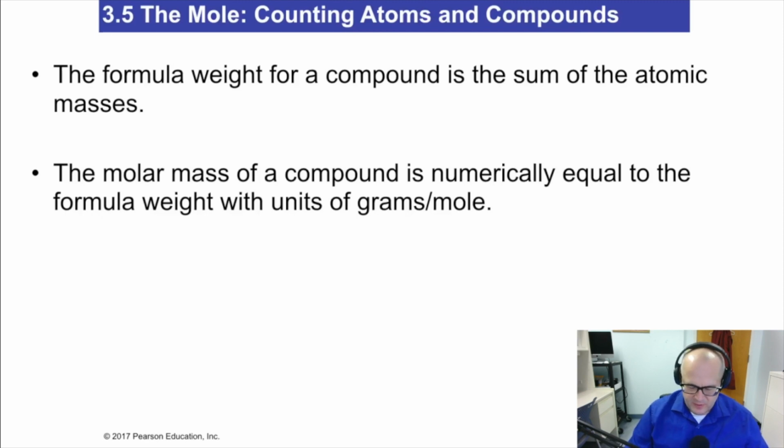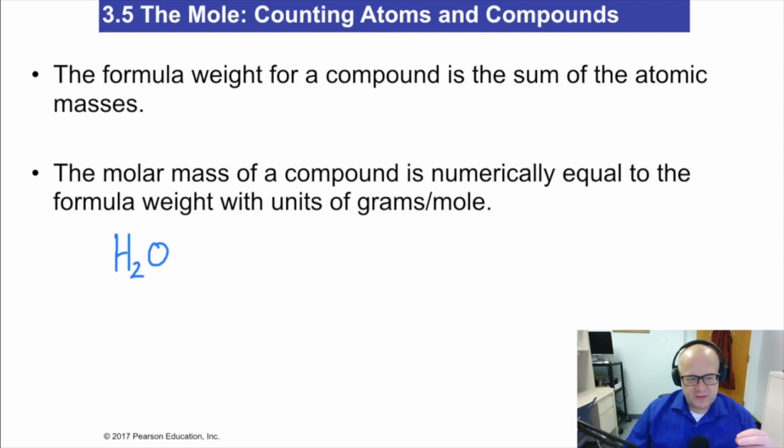Now, for example, H2O. Say we had 20 grams of water or something like that, and we wanted to know how many moles were in that 20 grams. Well, there is no water element on the periodic table. Water is a molecule. So we'd have to know the formula weight of water. And to do that, we'd have to calculate it.